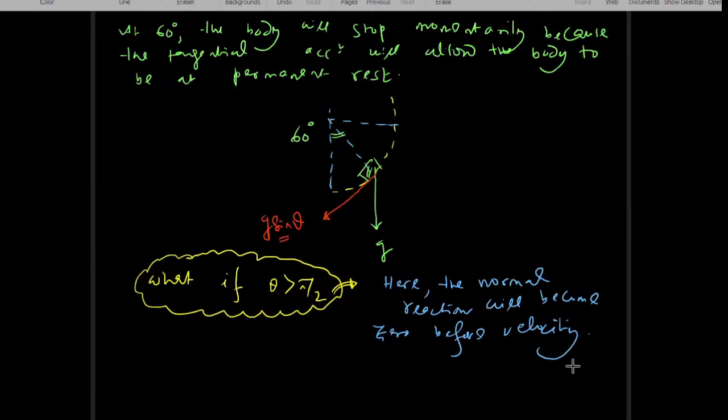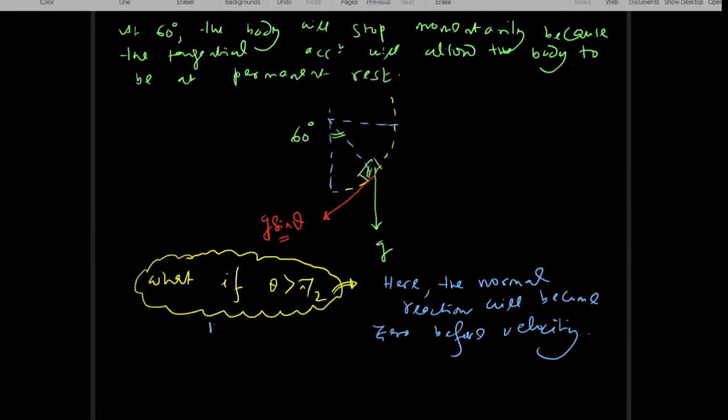Correct? And the answer we got there, root under 4gr, was wrong because we made velocity 0, not normal reaction 0. I hope you got the ambiguity. It is clear now. So whenever you are crossing the 90-degree limit, to get the minimum velocity to reach that point, you should never make velocity 0. You have to make normal reaction 0.